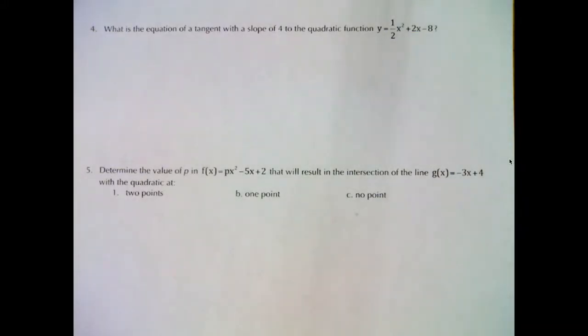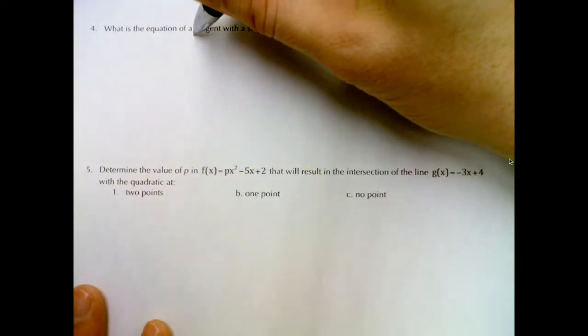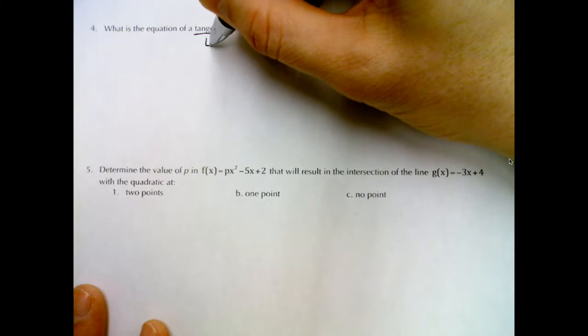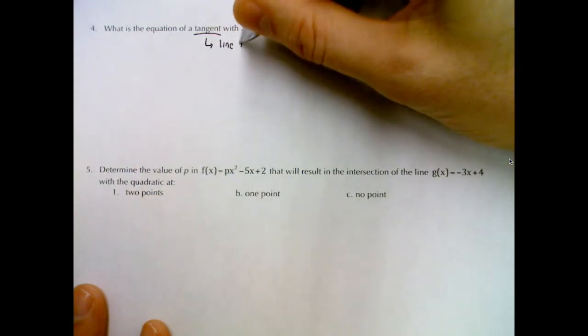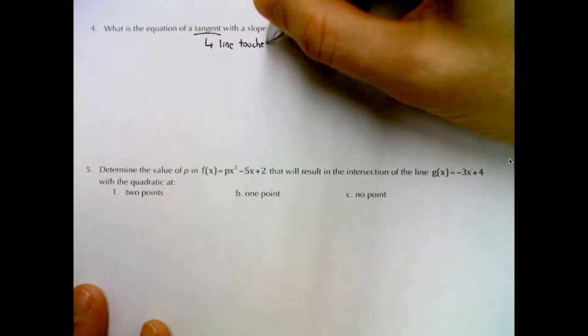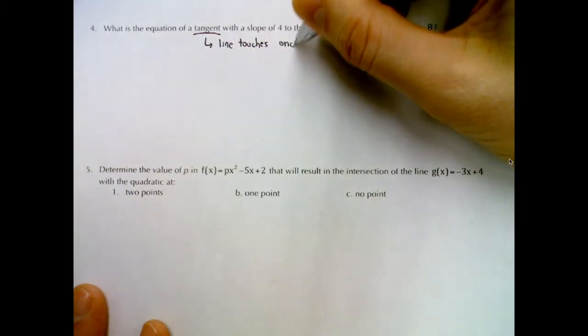Example 4. What is the equation of a tangent with a slope of 4 to the quadratic function y equals 1/2 x squared plus 2x minus 8? So there's a lot of information in this question. The first piece of information is that when you see this word tangent, that means a line that touches the parabola once.